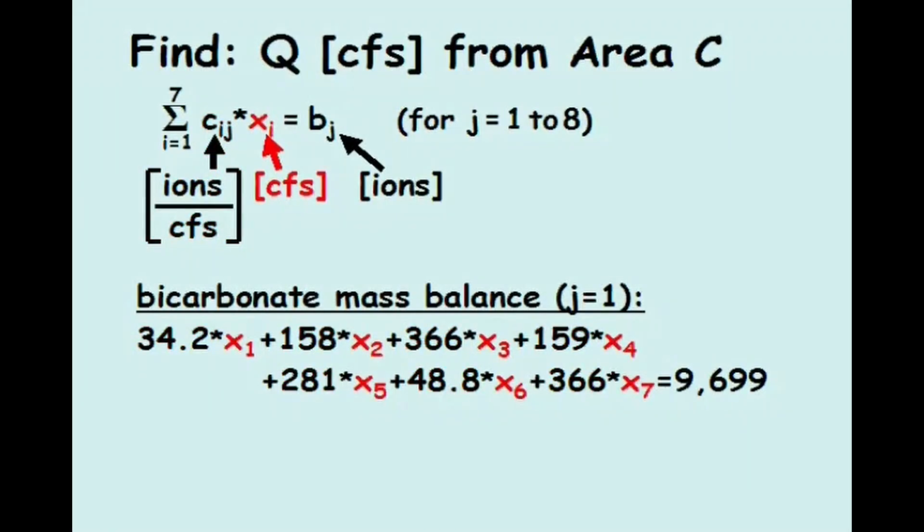The x variables represent the flow rates from the 7 areas, and the value of 9,699 is the quantity of bicarbonate ions measured in the reach downstream of all 7 areas.